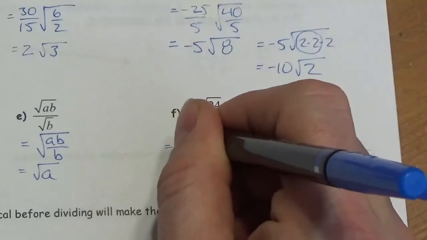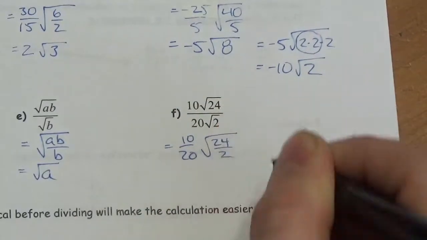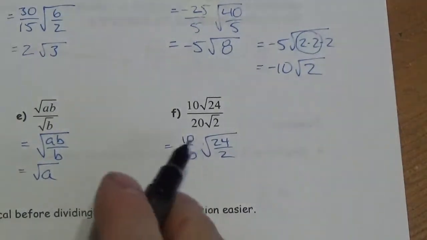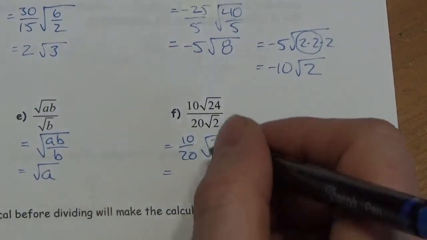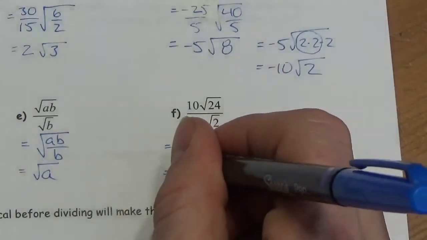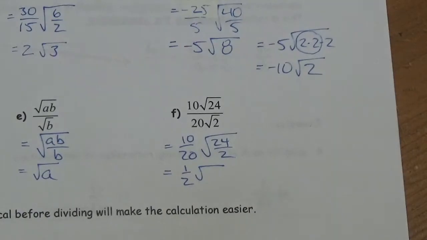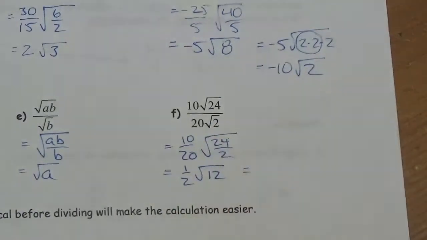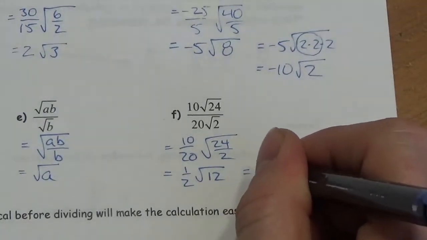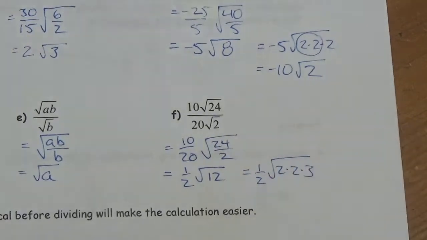And then over here, again, we put the coefficients together, put the radicands together. Now this is the first time this has happened to us where we get a fraction as our coefficient, because 10 over 20 is just going to be 1/2. But 24 divided by 2 inside the radical here, that's going to be 12. But we have enough experience now, we've seen 12 show up. We know that 12 can be rewritten as 2 times 2 times 3.